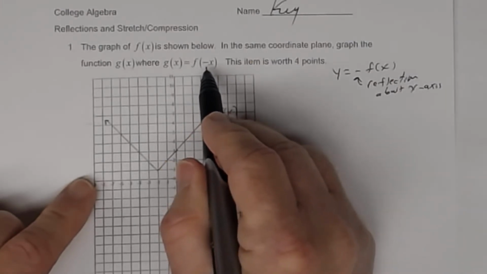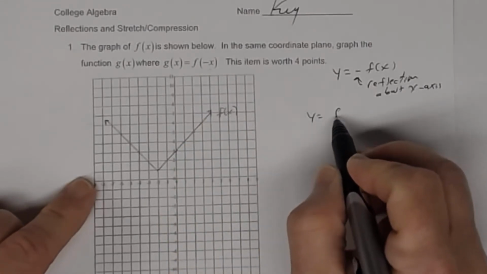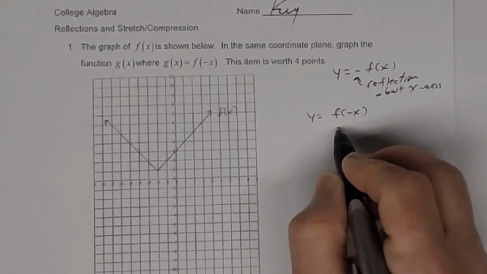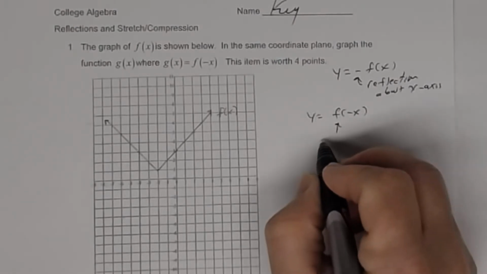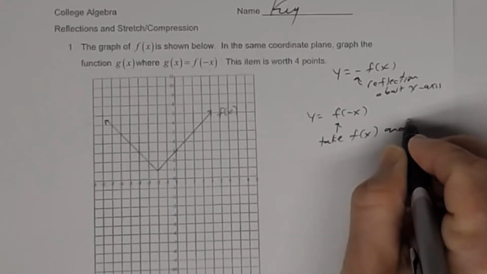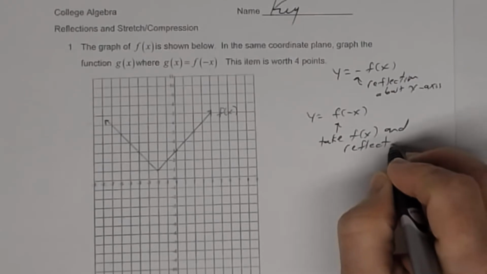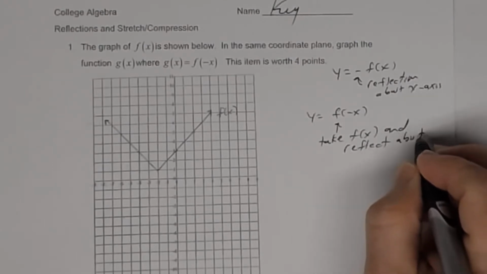That's a reflection about the y-axis. So y equals f of negative x is a reflection about the y-axis. So that means I take f of x and reflect it about the y-axis.